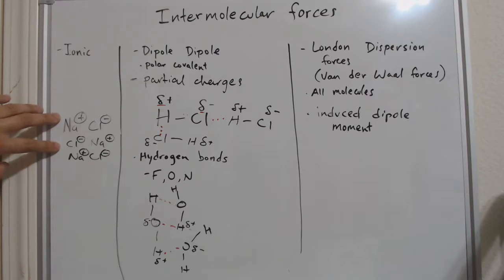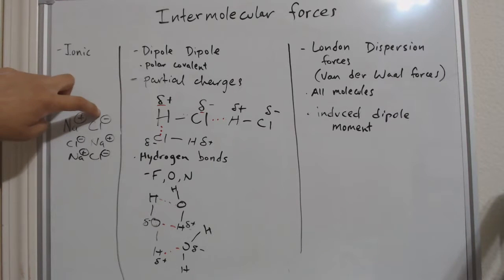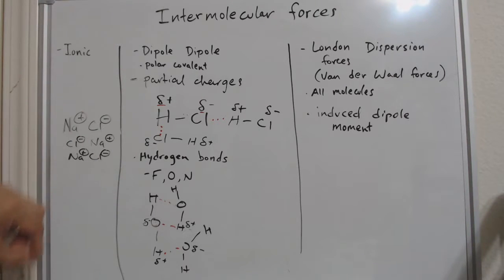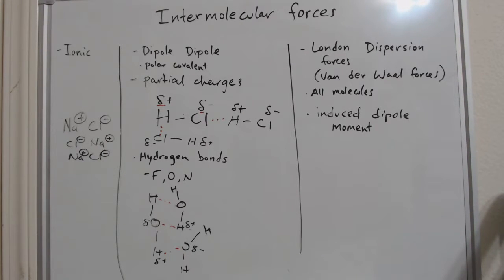And that's because in ions, you know that one atom loses an electron, that's why it has a positive charge, and the other atom has a negative charge because it gained one electron. So there is a formal charge.